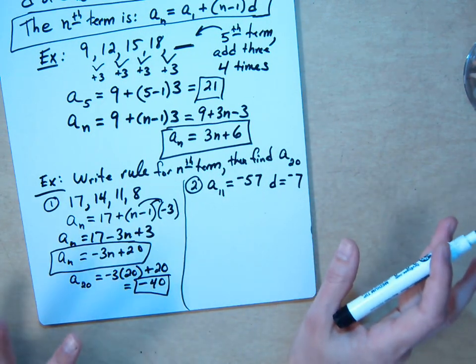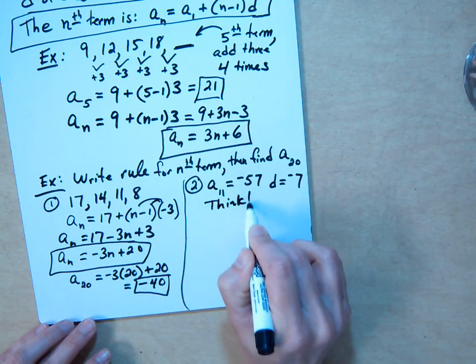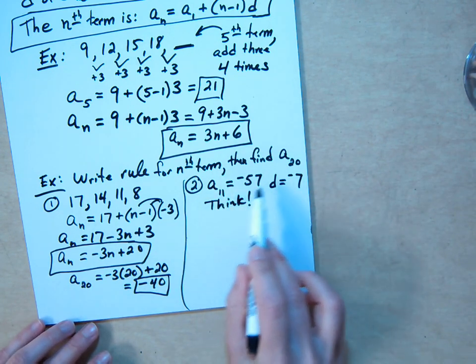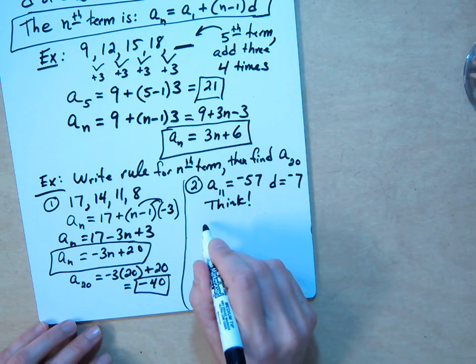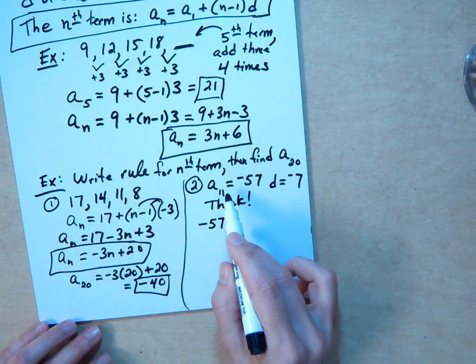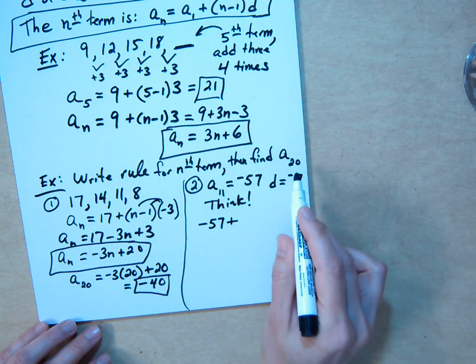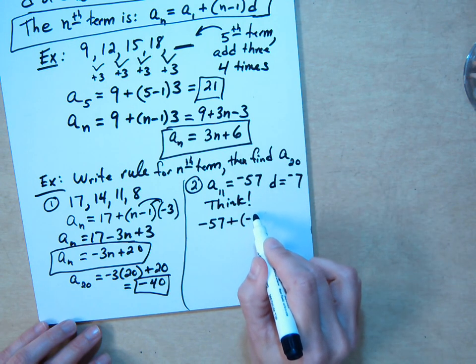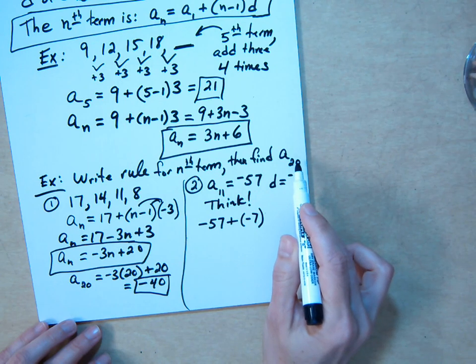We forgot the formula, everything. So let's think about it. If we're going to try to find the 20th term right now, and you started at negative 57, which is the 11th term, right? How many times would I have to add this common difference of negative 7 in order to get to the 20th term? Any thoughts, intuition?